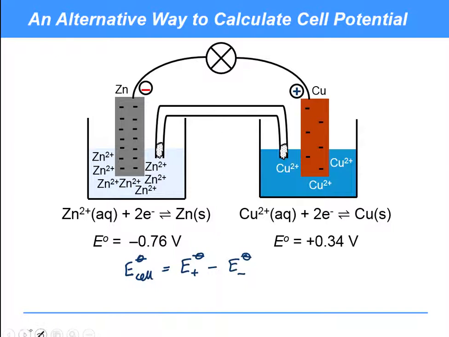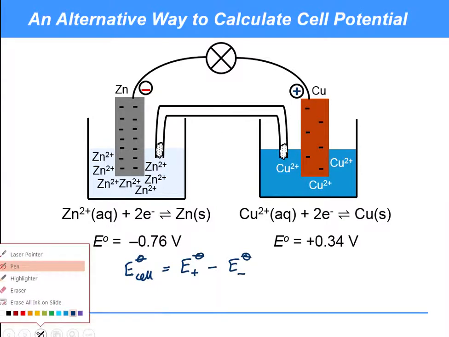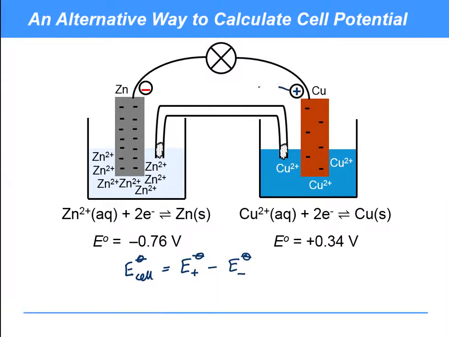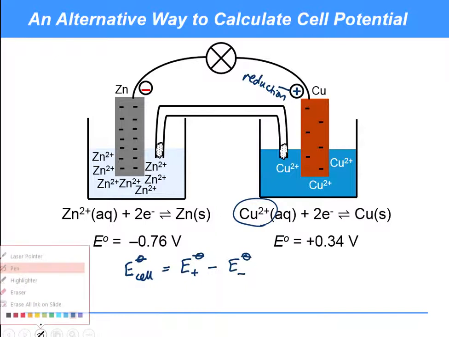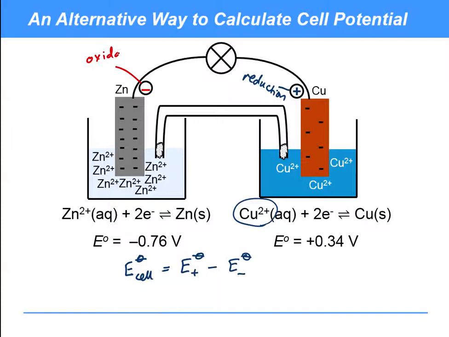Now, what we found out in the video on cell reactions is that at the positive electrode we get reduction happening. So this species here, the copper 2+ ion, is getting reduced. In contrast, at the negative electrode we have oxidation happening, and the zinc becomes oxidized.